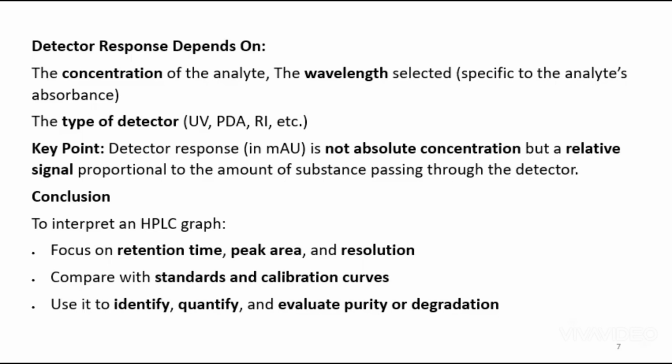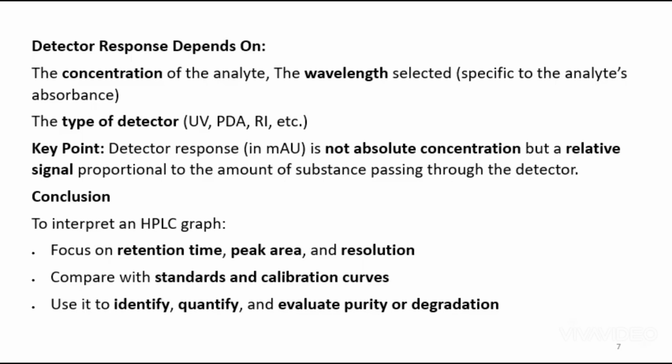So we should understand that the detector response is affected by concentration and the wavelength. A key point to consider is that detector response is not an absolute concentration but a relative signal proportional to the amount of the substance passing through the detector.